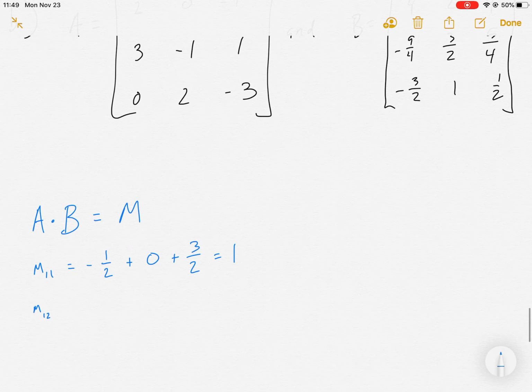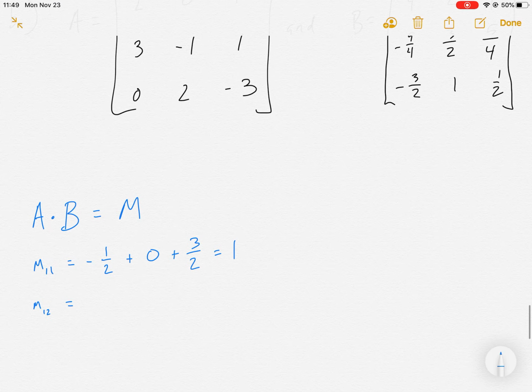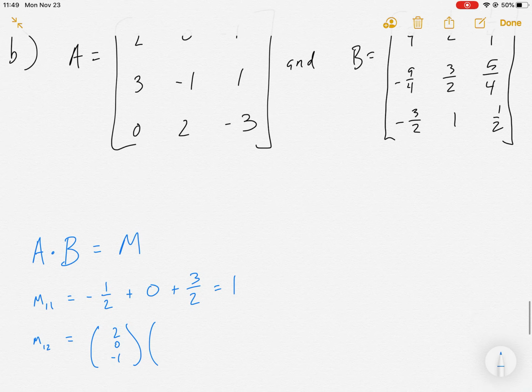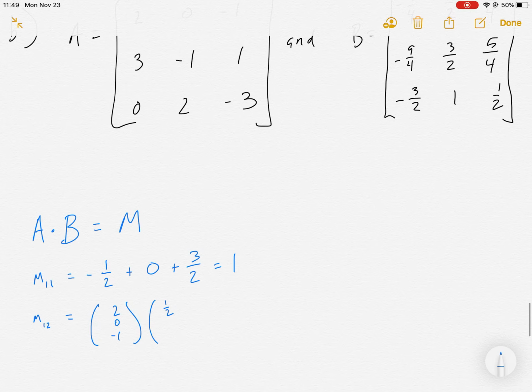For the second position, M1,2, keep in mind here's what I'm doing. I'm going 2, 0, negative 1, and then the second column of B is 1/2, 3 over 2, and 1, and we're mashing those together.